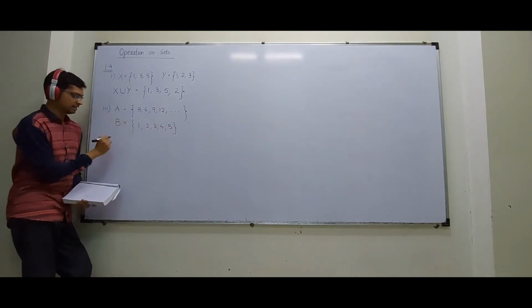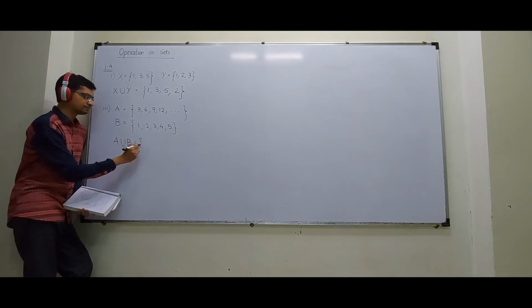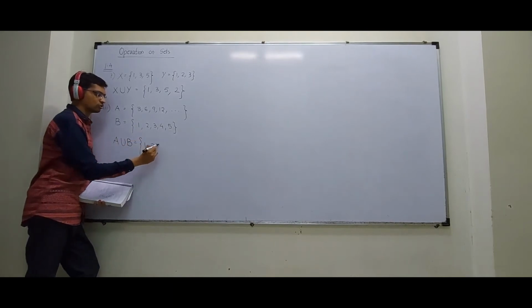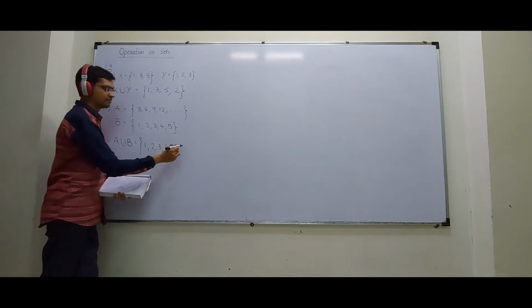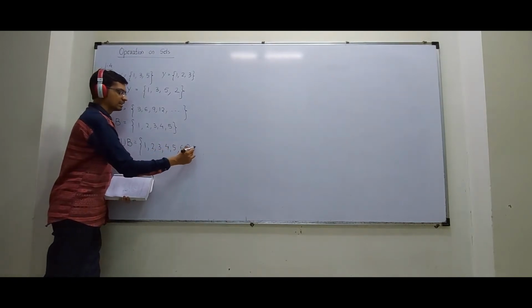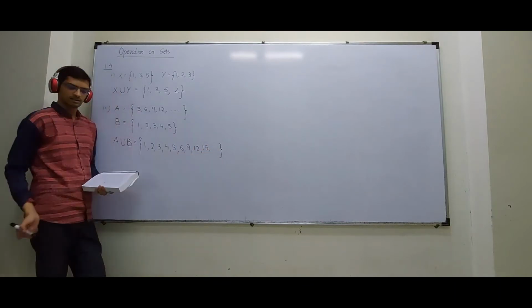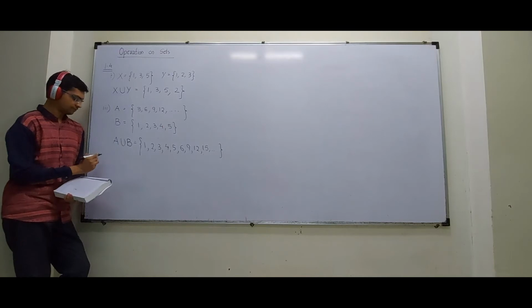We have to find the union. So what will A union B be? If I write order-wise 1, 2, 3, 4, 5, then we have 6, 9, 12, 15 and so on. Correct? Understood?